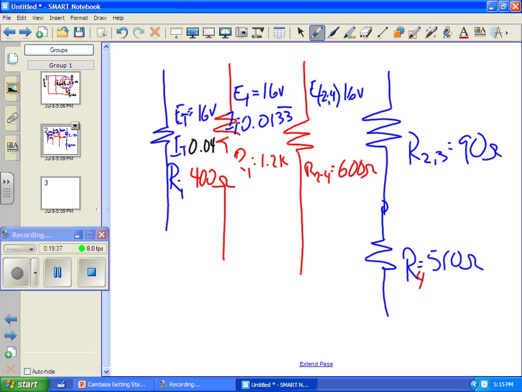Well, that's a total for that one because it stands alone. But now we're going to go back to our total on the right that we started out with, and we've got 16 divided by 600.